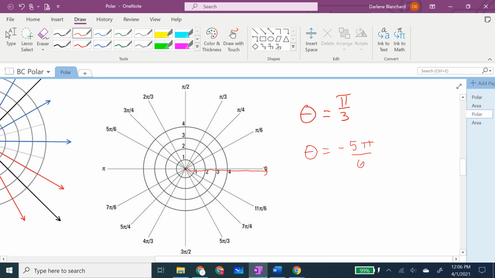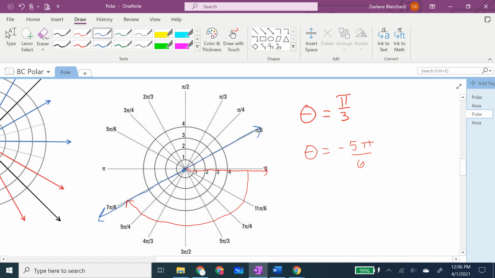So if it says negative, then you're just going this direction for a 5 pi/6 amount, which is going to take you here to 7 pi/6. So that will create a line where positive r's are at 7 pi/6 and negative r's are at pi/6.